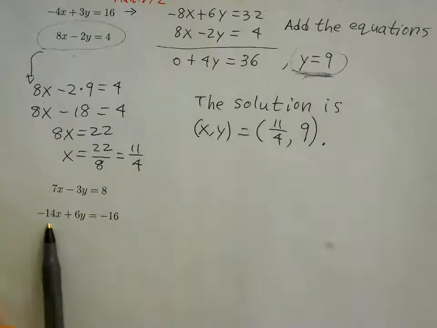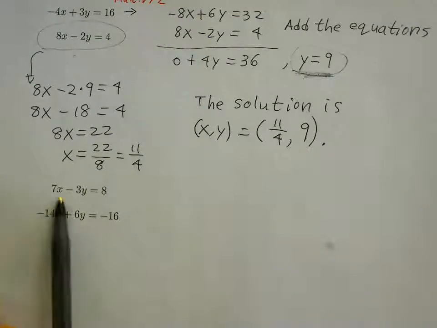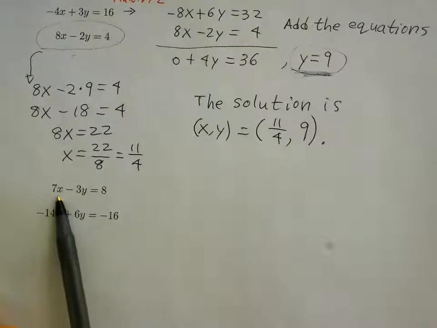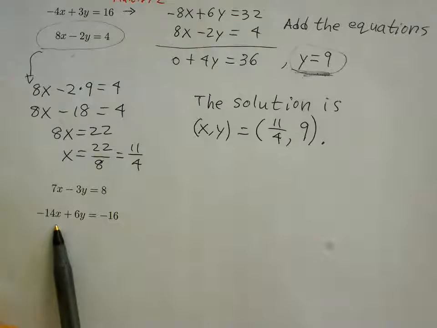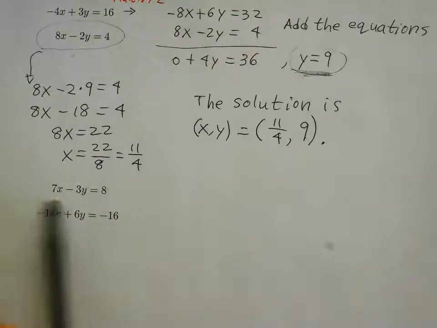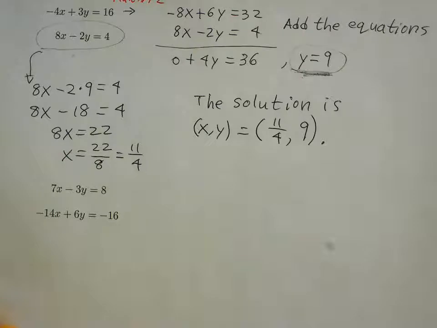Notice that for the variable x, in the top equation the coefficient of x is 7, and in the bottom equation the coefficient is negative 14. So one option is to multiply every term on both sides of the top equation by 2 again, just like we did in the previous example.